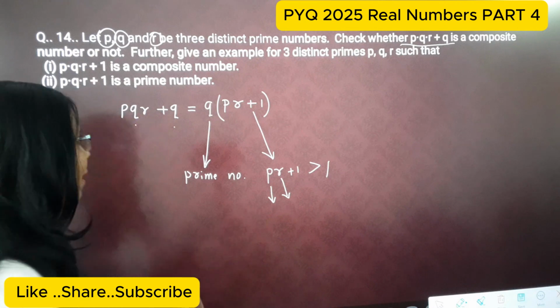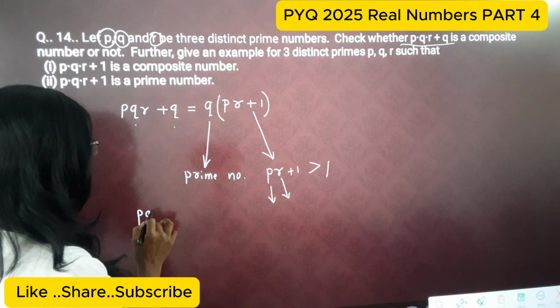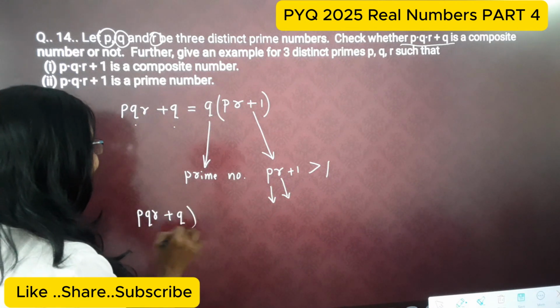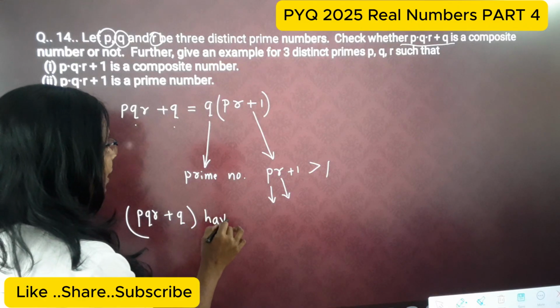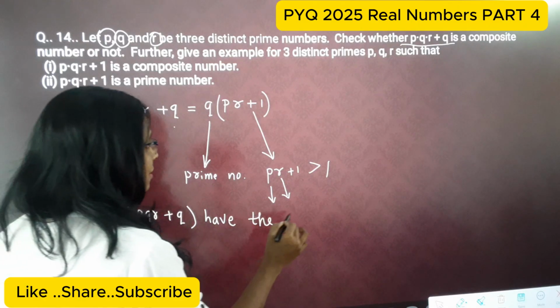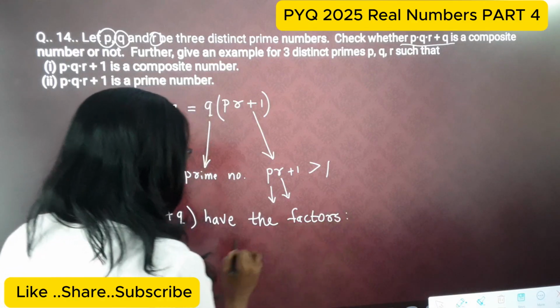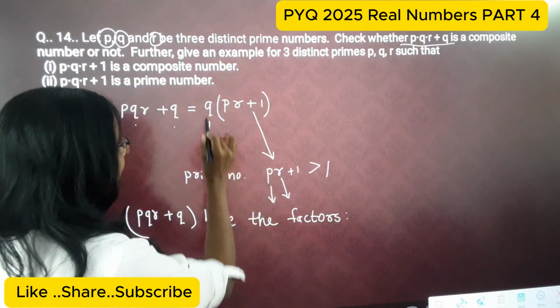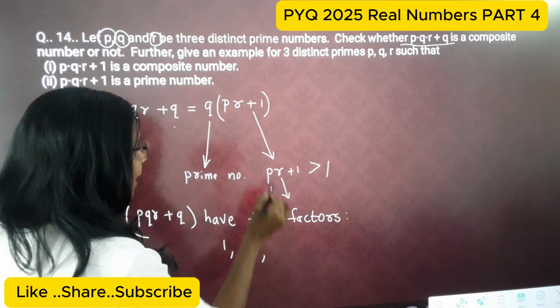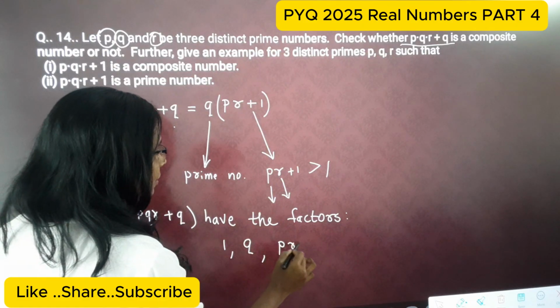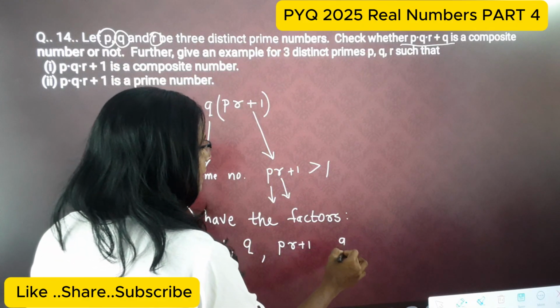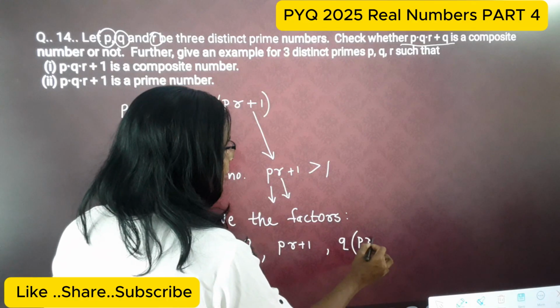And that's why here PQR plus Q has the factors 1, then Q, then PR plus 1, as well as Q times PR plus 1.